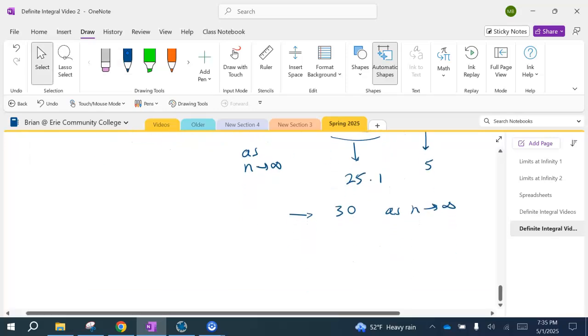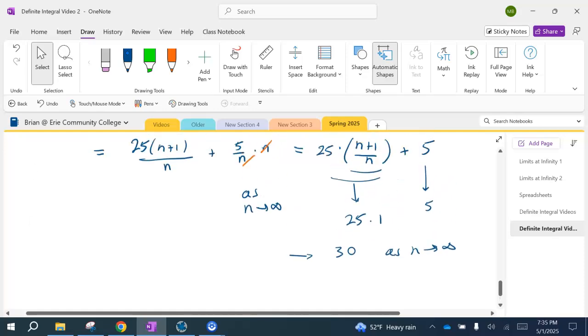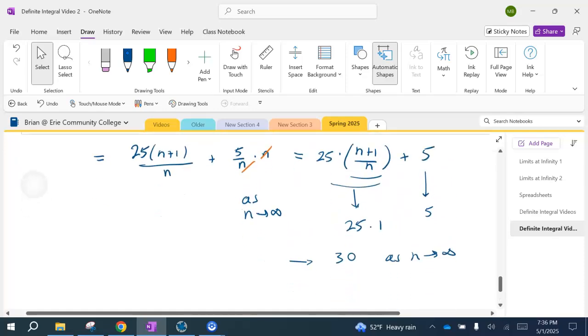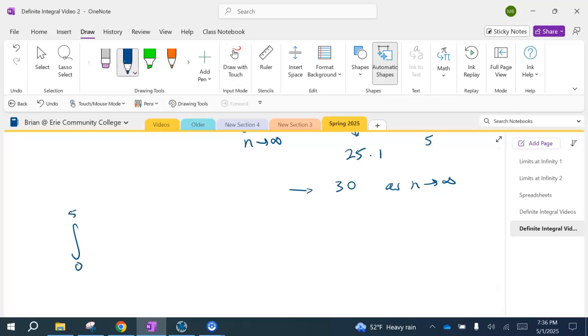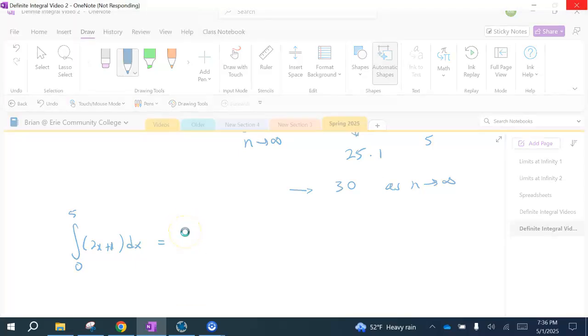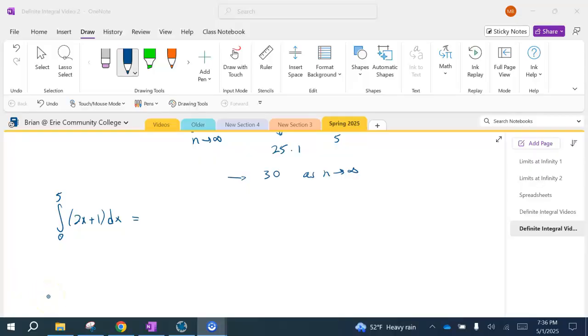Let's just finalize what we had done there. I'm going to come back to that expression and put it back in. Using the limit definition, we had the integral from 0 to 5 of the function 2x plus 1 dx. That is going to equal, since we're using a regular partition, just the limit. Sorry, OneNote crashed on me.